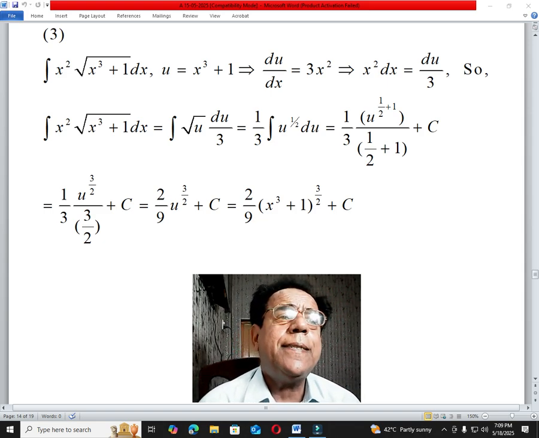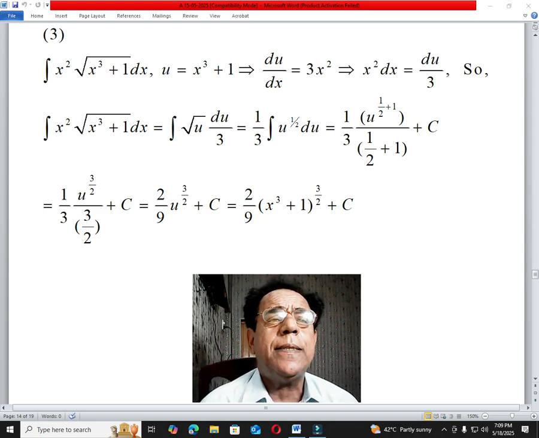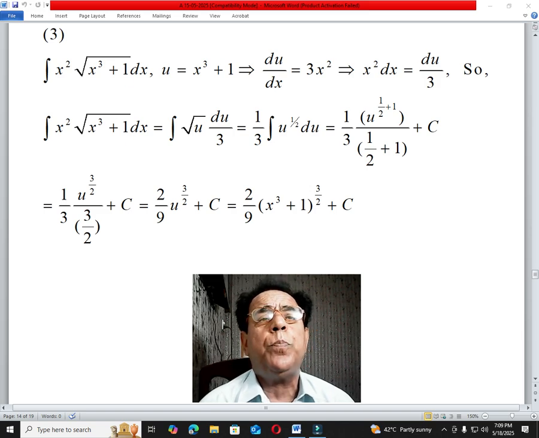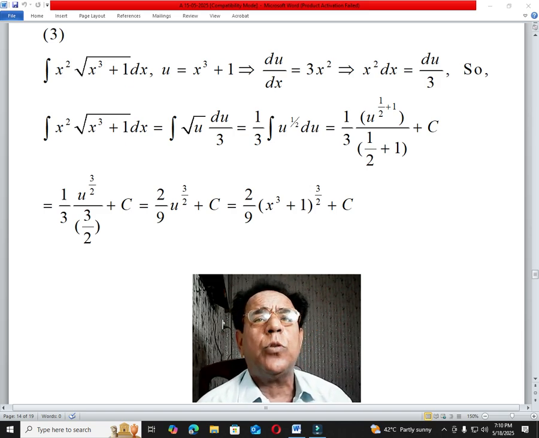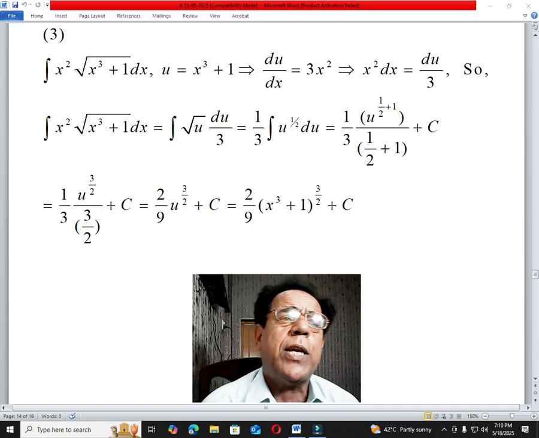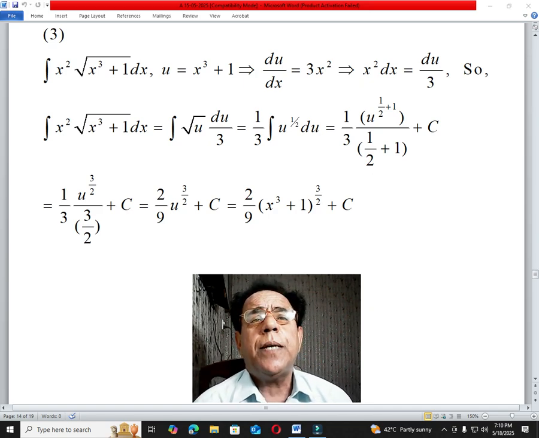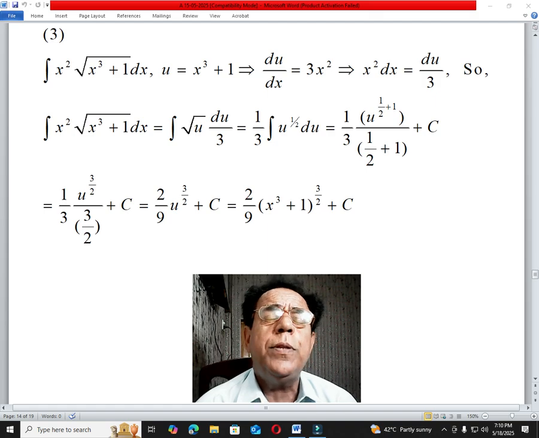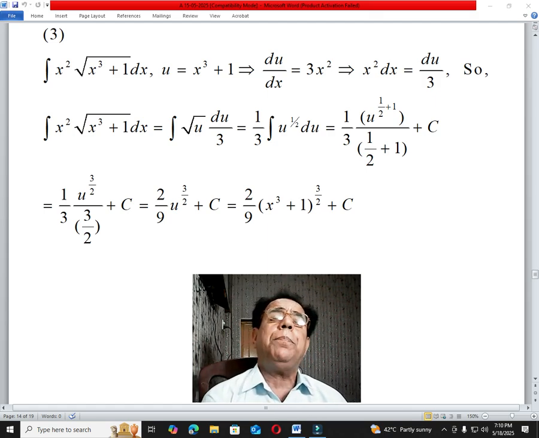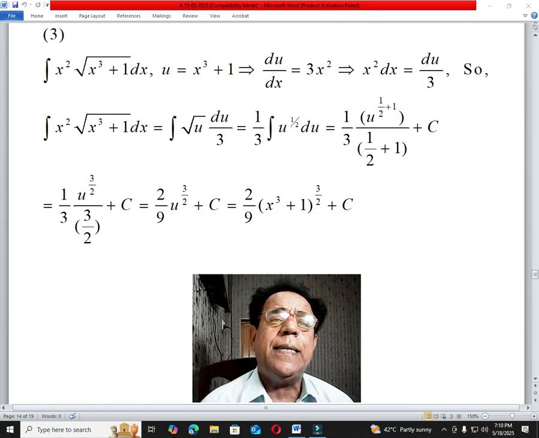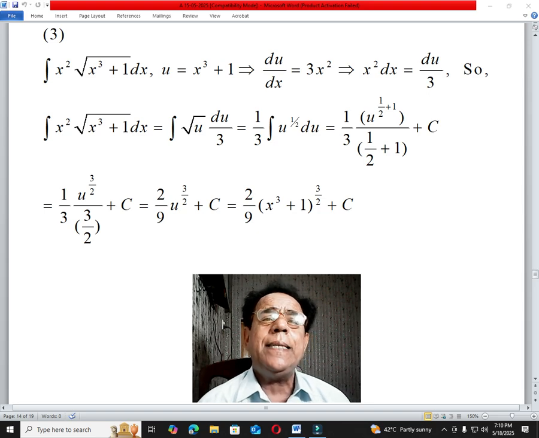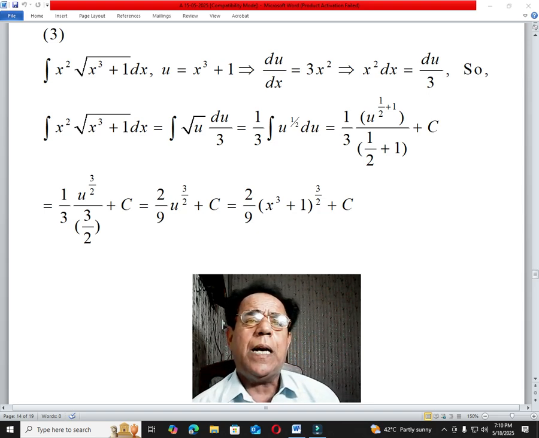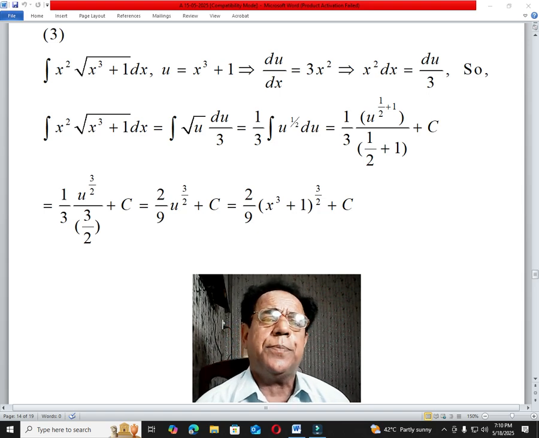In the next step we know that square root is equal to power 1 by 2. Moreover, 1 by 3 is a constant, so it will be written prior to the sign of integration, and then we will apply the power rule. That is to say, this power 1 by 2 will be increased by one, and this increased power or exponent will appear in the denominator.